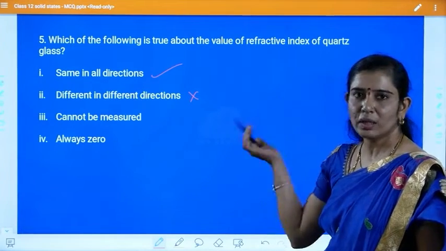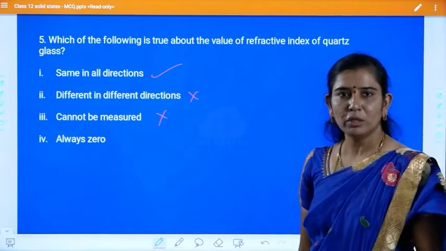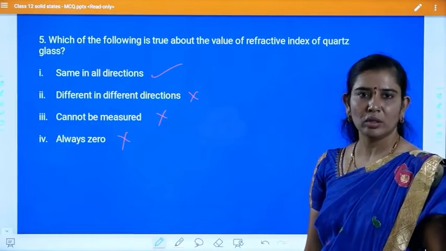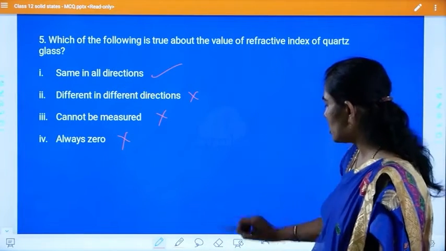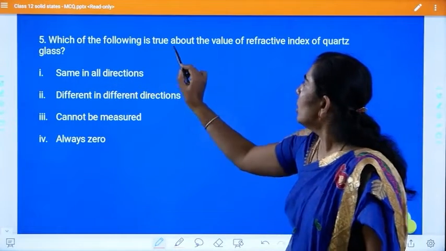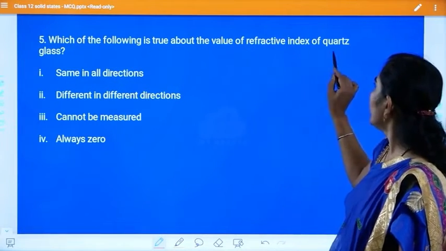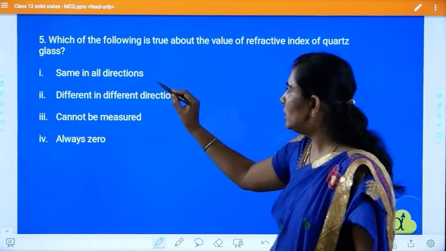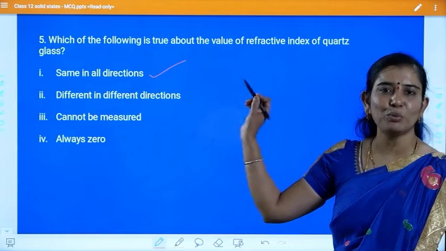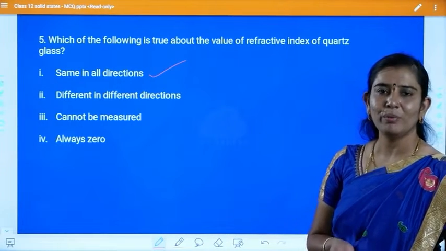But amorphous solids are isotropic in nature. Cannot be measured, this is also wrong; you can measure refractive index. Always 0, this is also wrong, it is not 0. So the answer: the refractive index of quartz glass remains the same in all directions. The first option is correct. I hope you understood.